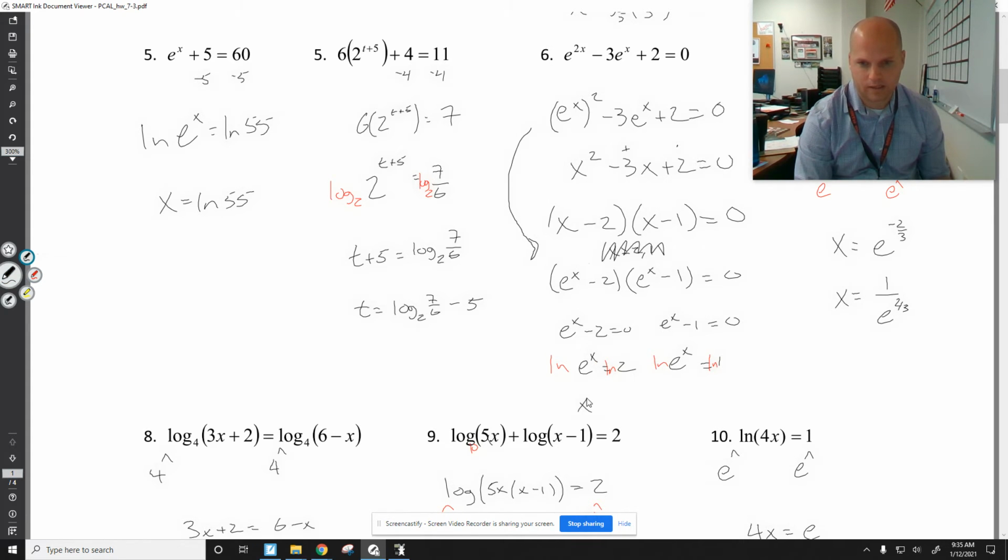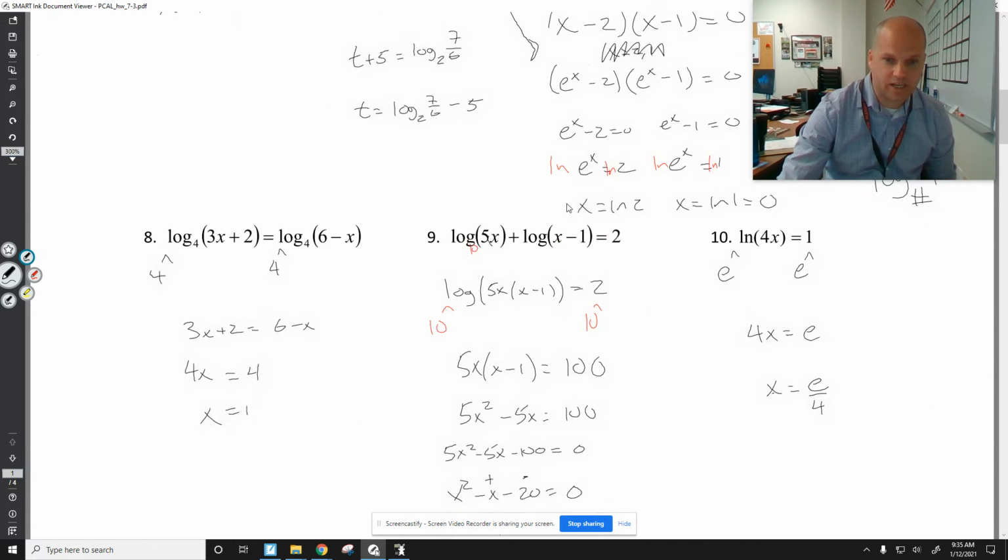Natural log of e to the x is x equals natural log 2. Natural log of e to the x is x equals log base e of 1. Now, actually, the log of 1 is 0. That's something you actually need to know. Log of 1 in any base is always 0. Why is that? Because a number to the 0 power always equals 1.